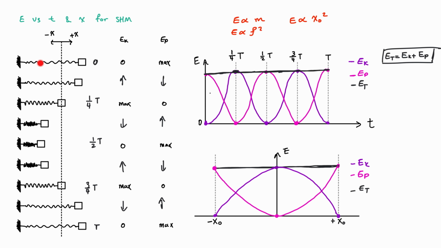If I increase the amplitude by a factor of 2, I need to put in 2 squared, or 4 times the energy, to get it going at the same frequency.